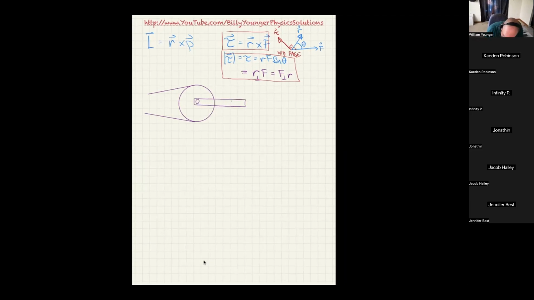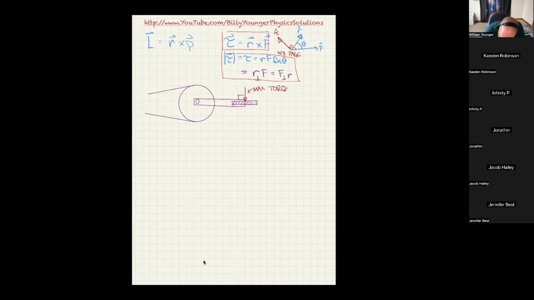And your pedal would be something like that. If you've ridden a bike before, then you've sort of worked it out on your own that if I actually push my force straight downward and the pedal arm like this is perpendicular to it, that gives me my maximum torque.